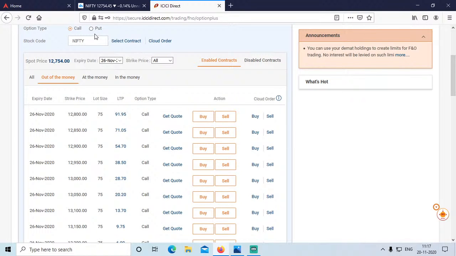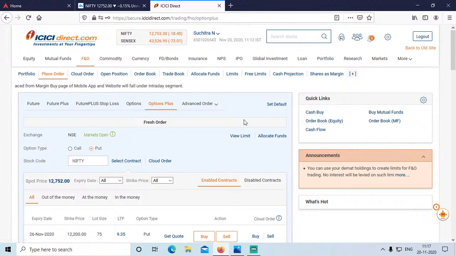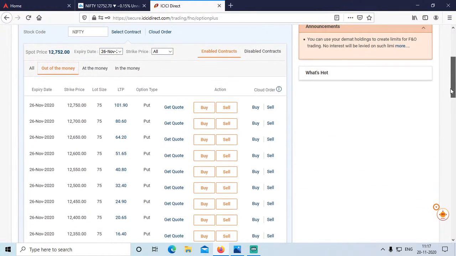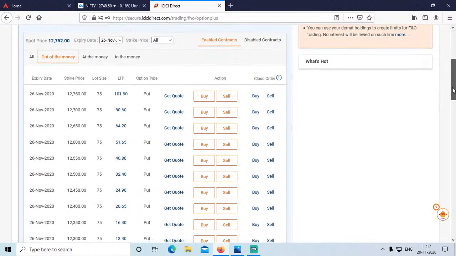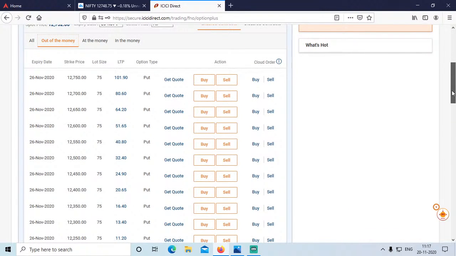So let us look at the put option values. The expiry date is the same, and choose out of the money, and just look at the values. I think 12,400 is 20 rupees, 12,350 is 16 rupees, 12,300 is 13 rupees.